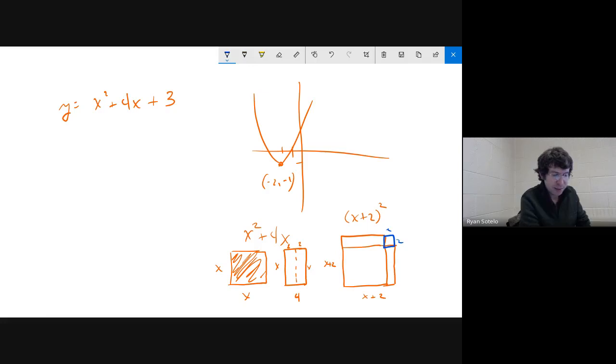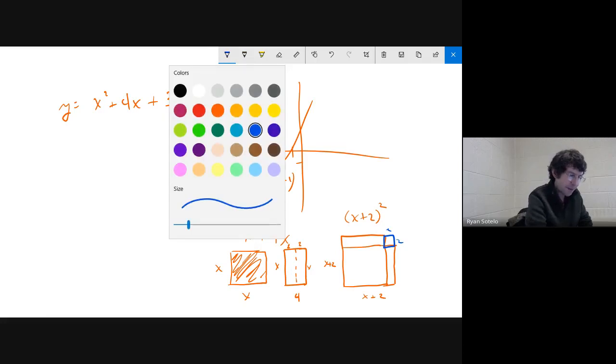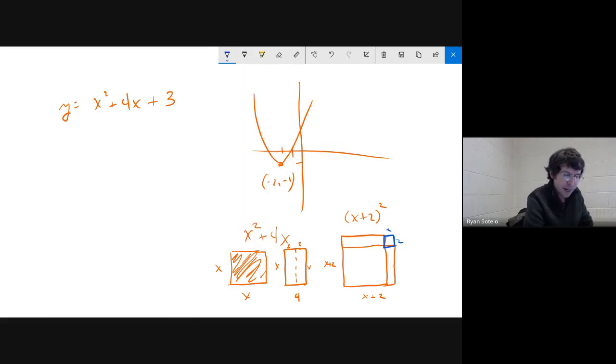It's always this number times itself. So even when it's negative, it's that number times itself. So in order to make these the same, I have to say minus 2 squared.